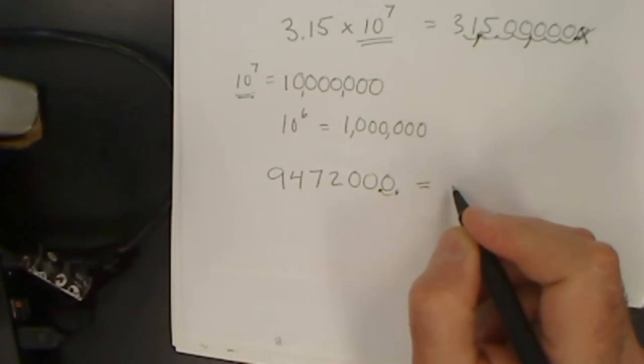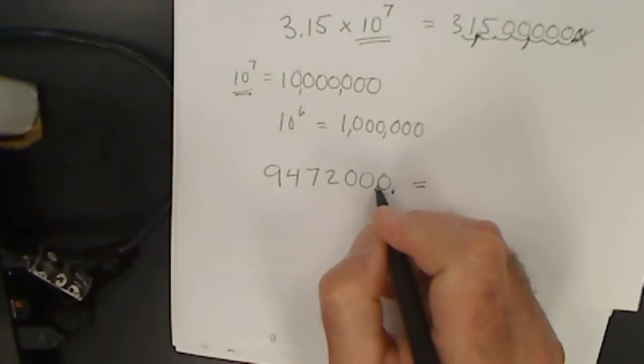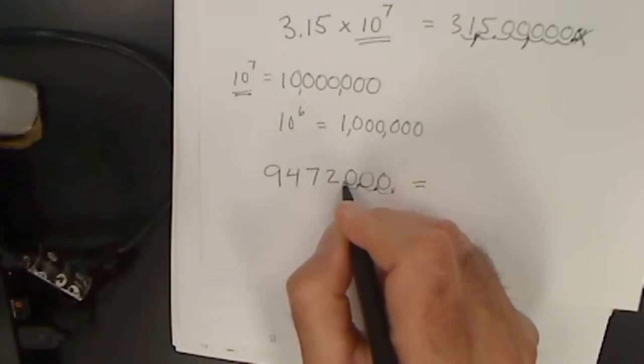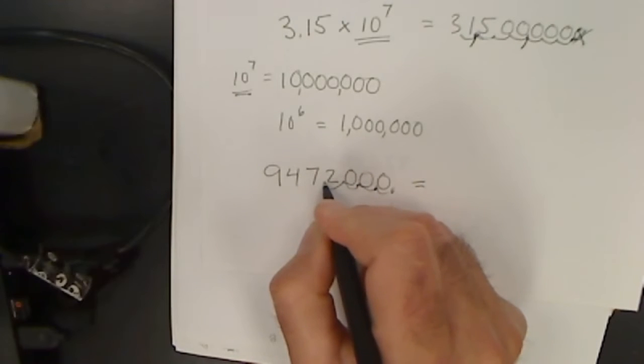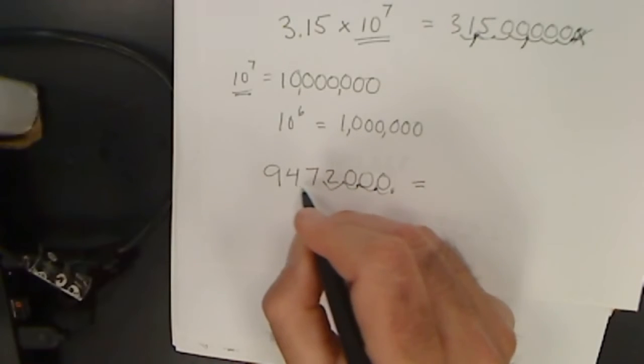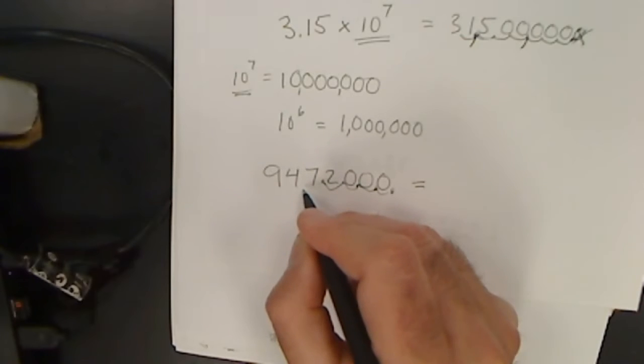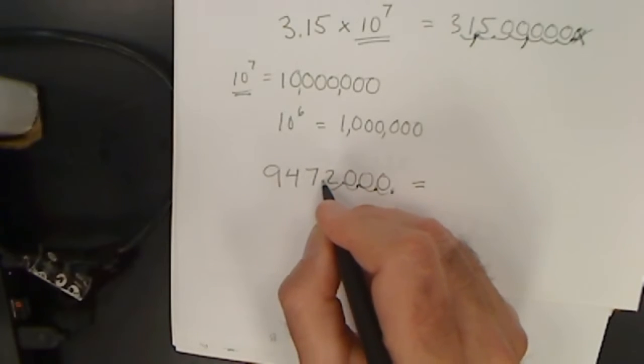Tell me the first part. What is the first part? A number between 1 and 10. Give me the number. Here? No. Here? No. Here? Yes. That's 947. Too big. You have to be between 1 and 10.